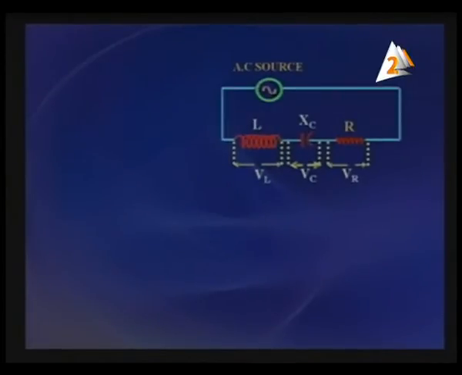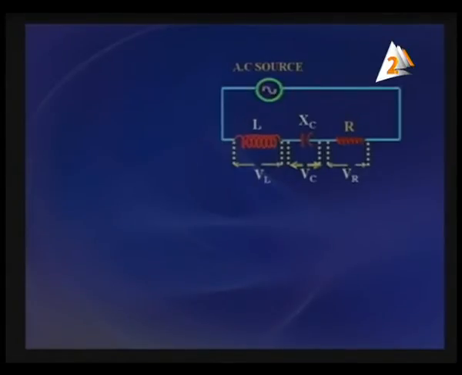And now we've got a circuit that contains all three components: the resistor, the capacitor, and the inductor. The voltage across the resistor is denoted by VR, and it is I R. The voltage across the capacitor is VC, and it is the product of I and XC.